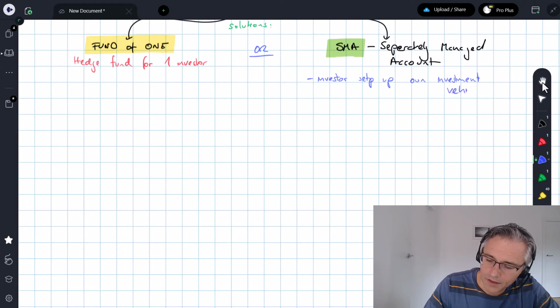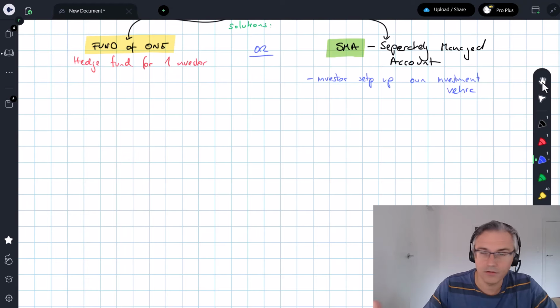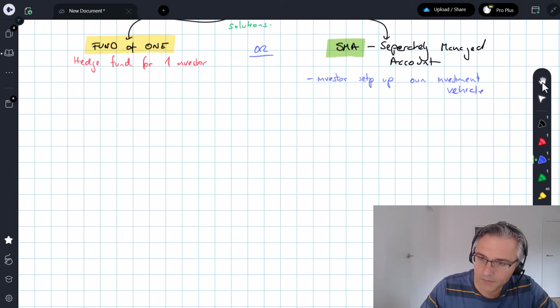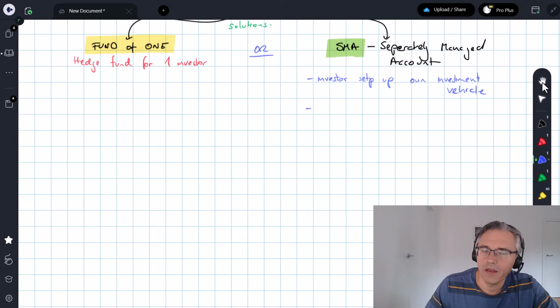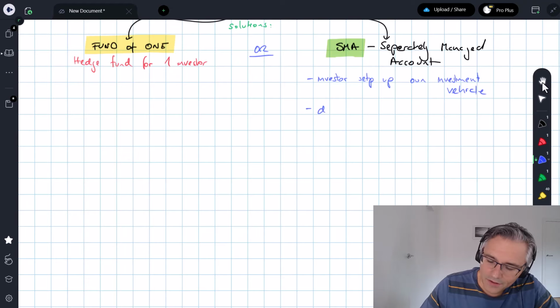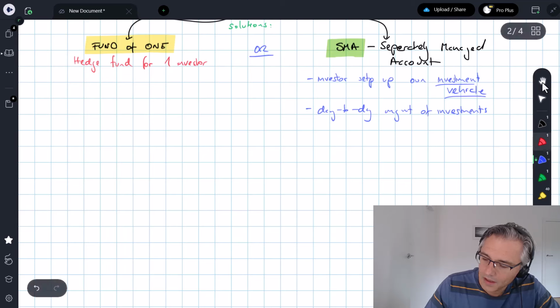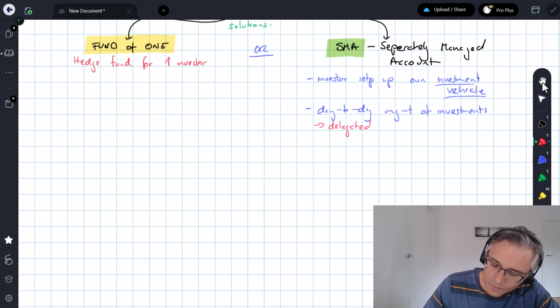So this could be a limited liability corporation company or a partnership, whatever. And the day-to-day management of investments done by this investment vehicle is delegated to a hedge fund manager.